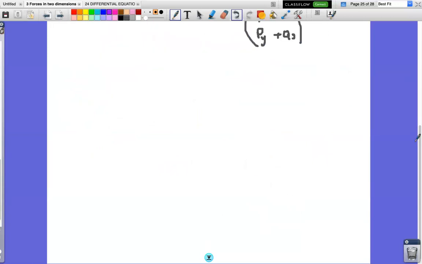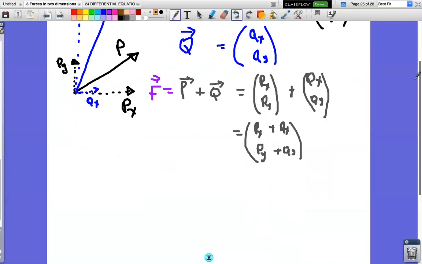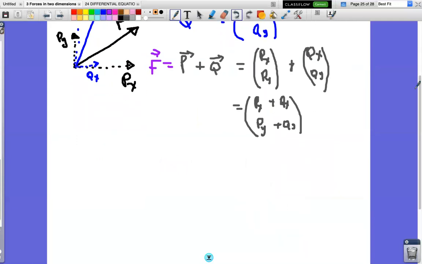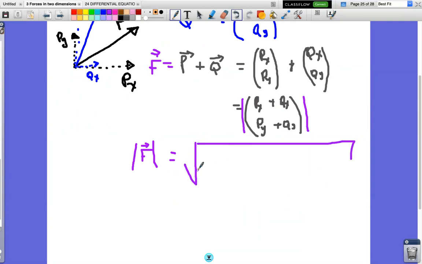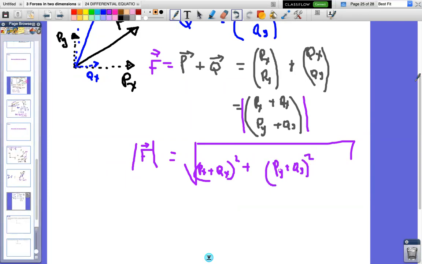Now from here, you'll always be asked to find the magnitude of the resultant force. So the magnitude of F will just be the magnitude of this vector, right? So it will be the square root of (Px plus Qx) squared plus (Py plus Qy) squared.